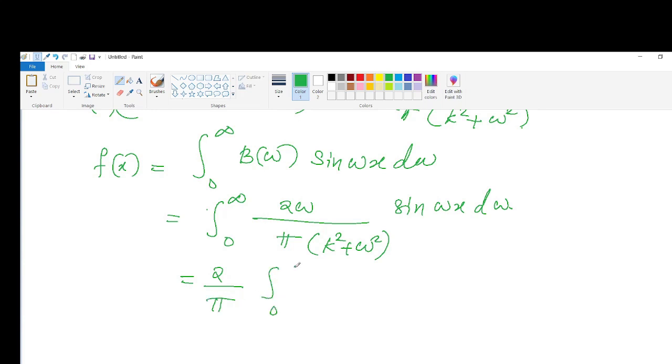Inside the integral sign you will have ω sin ωx divided by k² + ω², dω.